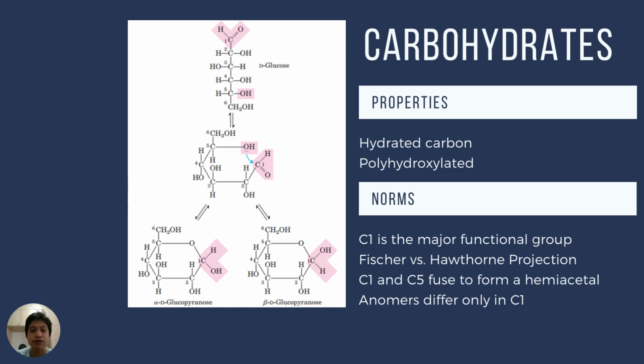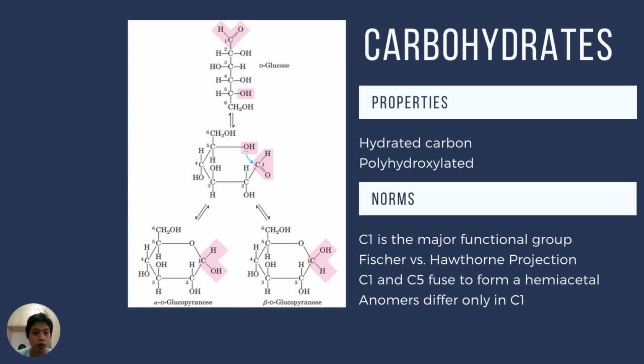In particular, you have 5 hydroxyl groups attached to the 5 carbons in glucose. So glucose and all the other carbohydrates are polyhydroxylated.